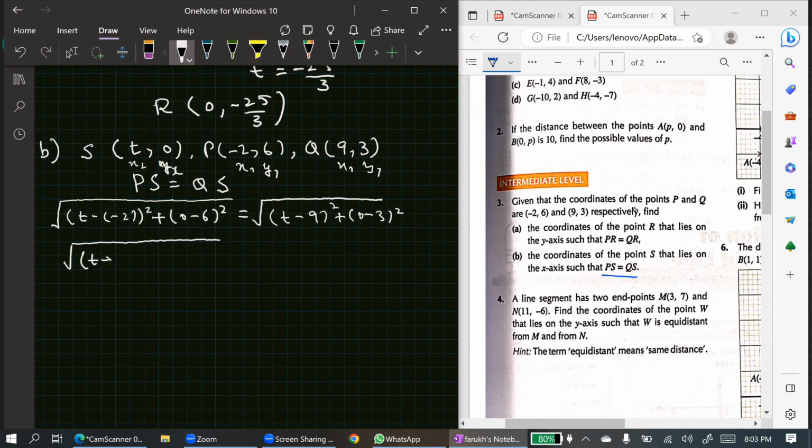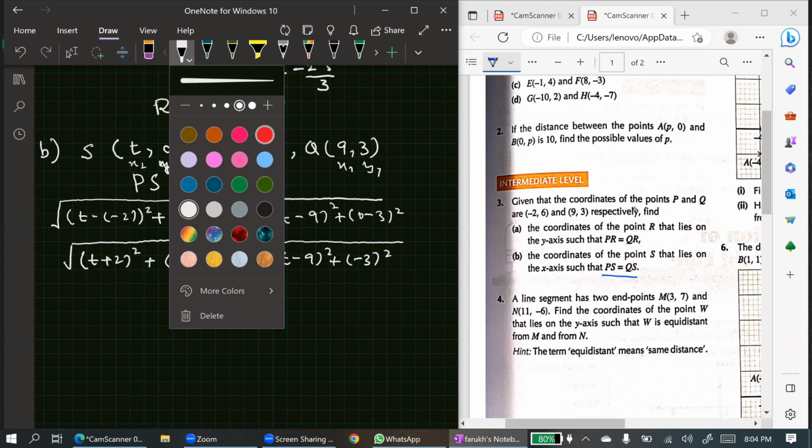This will become t plus 2 whole square plus 6 square, t minus 9 whole square plus 3 square.